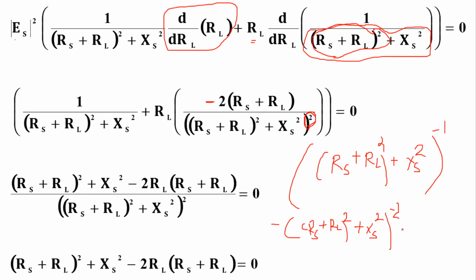Clear? And again I have to differentiate this bracket, so its differentiation will look like 2 into RS plus RL.